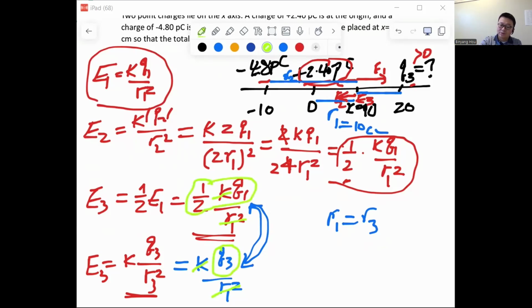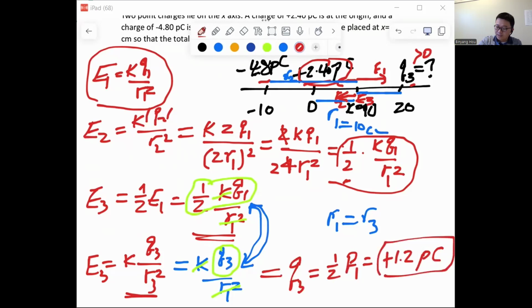So that tells you your Q3 is 1/2 of Q1, which, because Q1 is 2.4, then Q3 is just 1.2 picocoulombs, and it should be positive, because we know that the direction should be pointing away from Q3. All right, so that's how we can solve for this one.